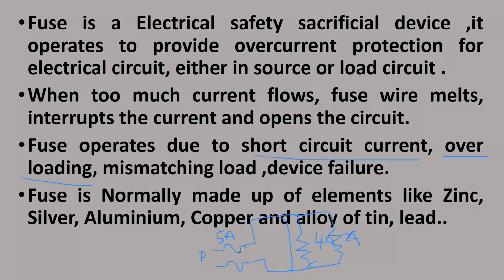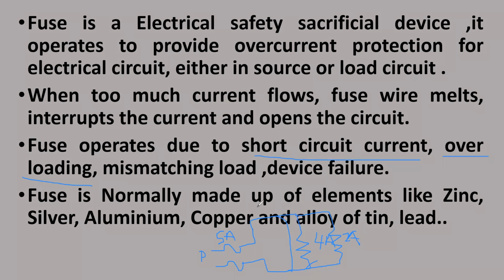Overloading, short circuit, mismatching of the load, device failure: any failure in the device also. Suppose your device has 2 pins and a pin gets broken. At that time leakage current may occur, short circuit current may occur. So those are the reasons why a fuse is connected, and how to protect the electrical equipment.